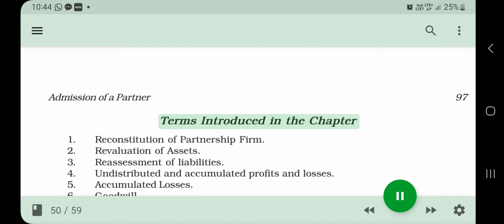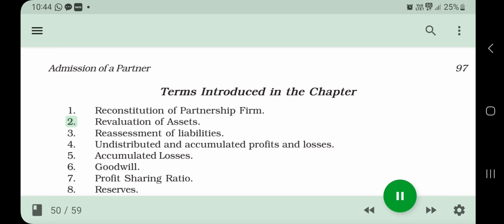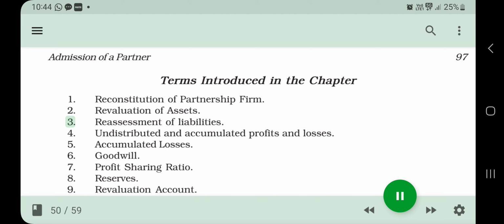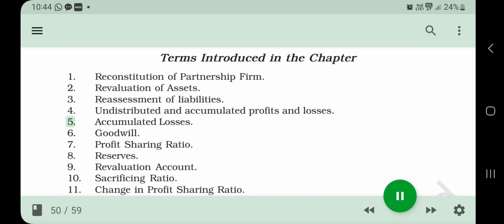Terms introduced in the chapter. 1. Reconstitution of partnership firm. 2. Revaluation of assets. 3. Reassessment of liabilities. 4. Undistributed and accumulated profits and losses. 5.